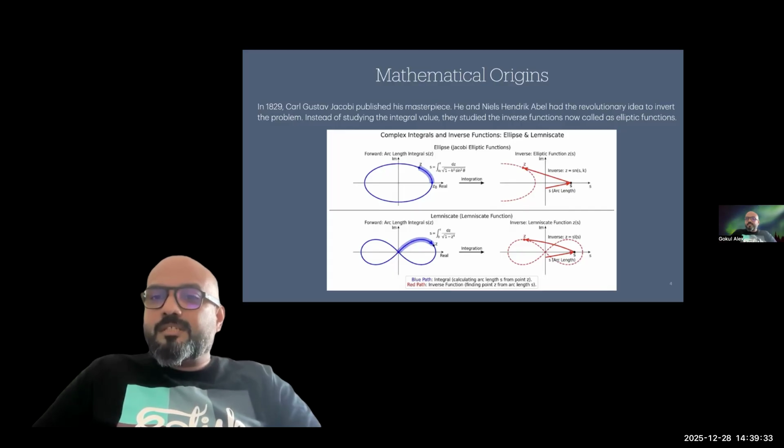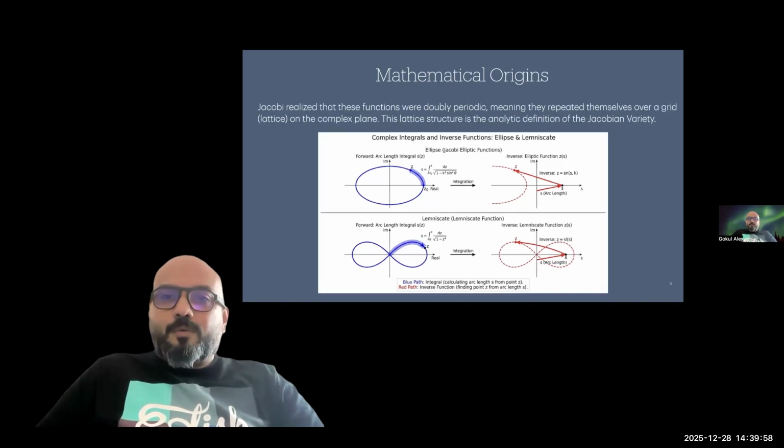You can see the inverse operation, how geometrically it is different from the integral functions. So the blue path shows the complex integral. The red path in the diagram shows the inverse function, which is finding point z from the arc length s.